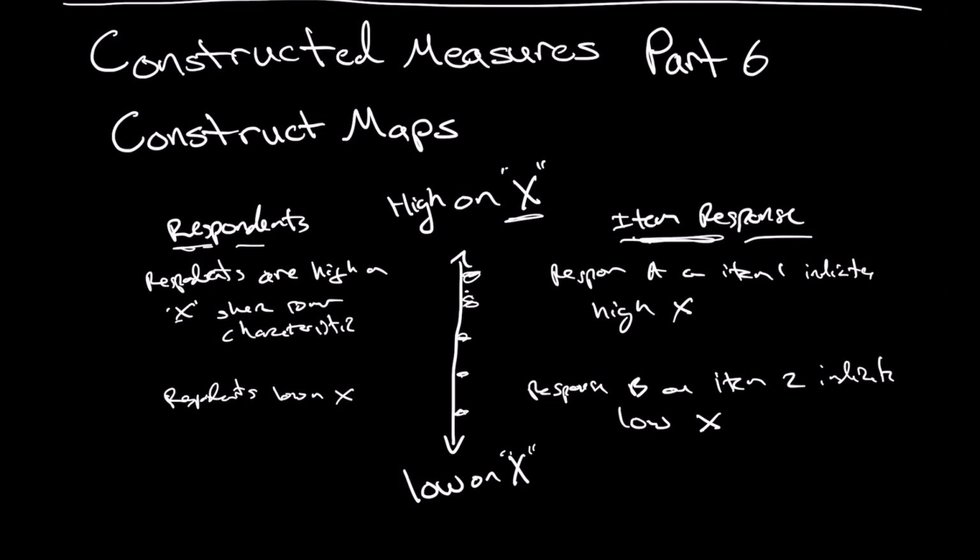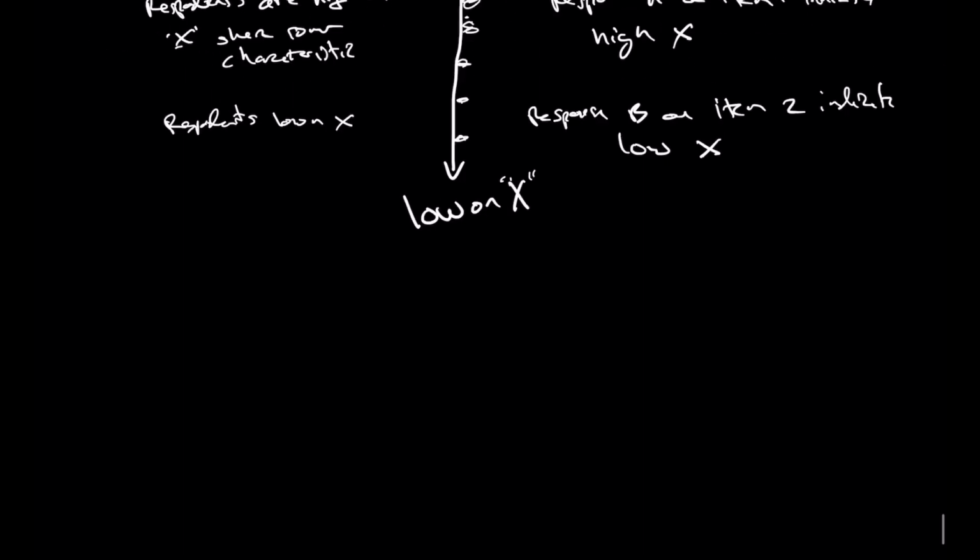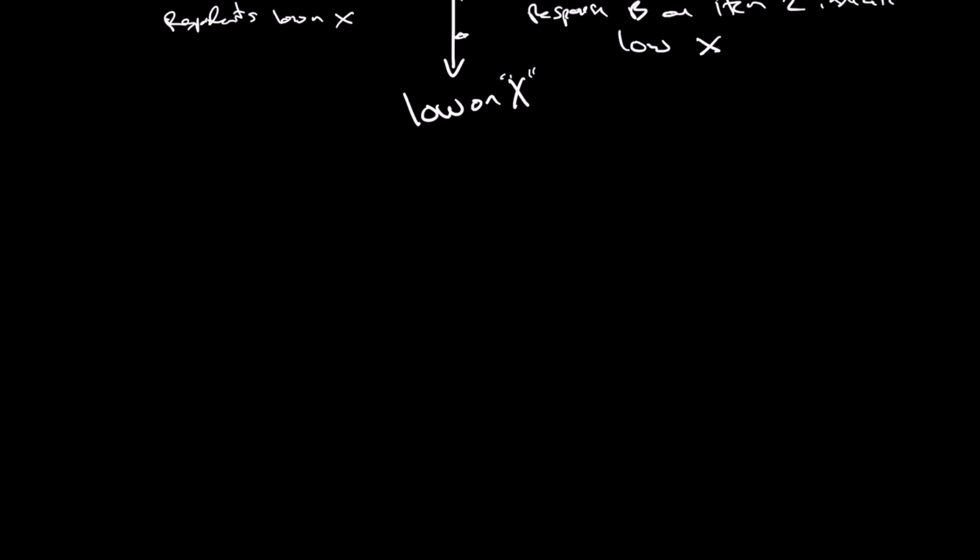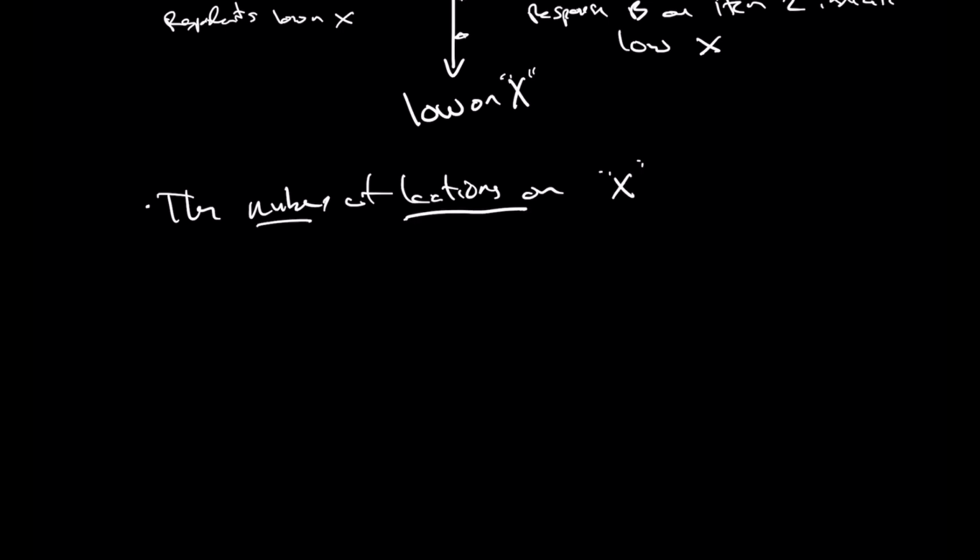That's what I want to emphasize in today's reintroduction to construct maps in a bit more detail: we can think about the number of locations on X. We want to think about how we can locate people and items on X. That's the really important part, location.